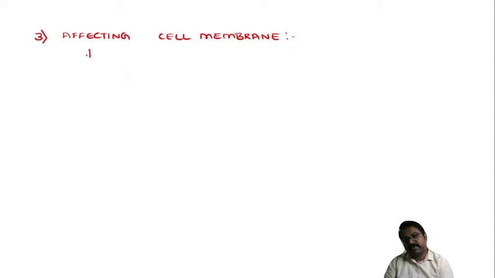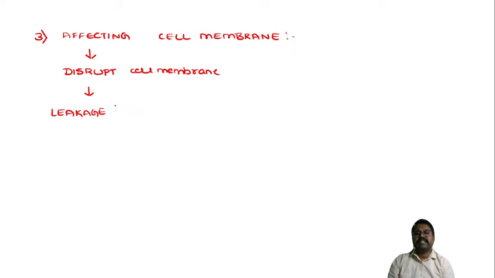Please remember, basically they will disrupt the cell membrane. So by causing disruption in the cell membrane, there will be leakage of the contents which are present inside the cell.